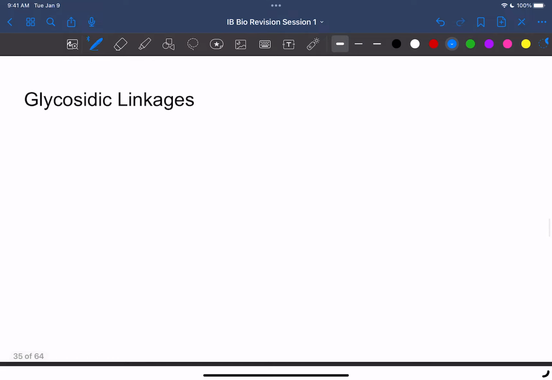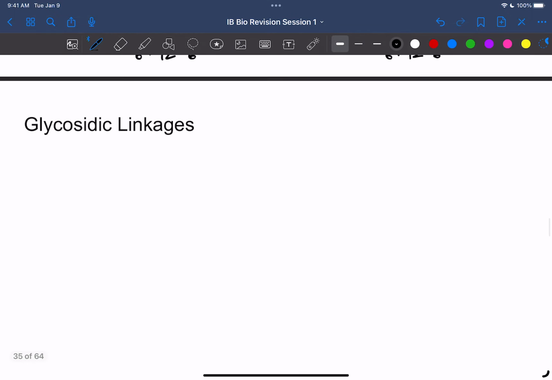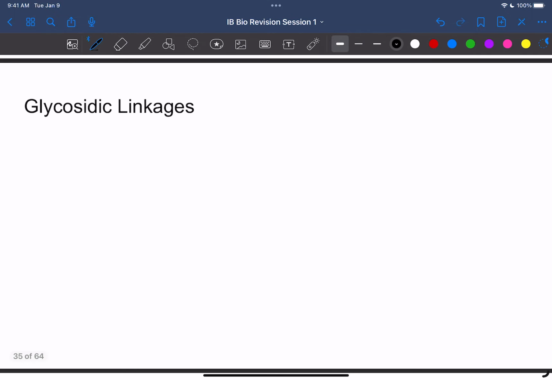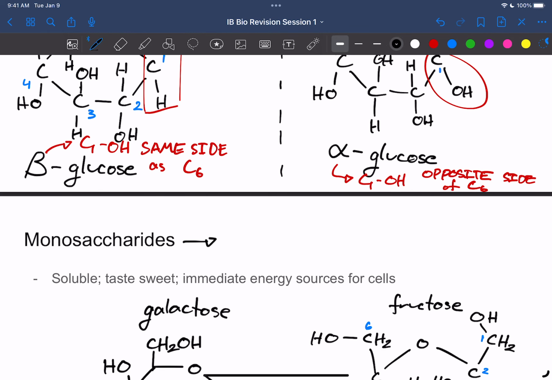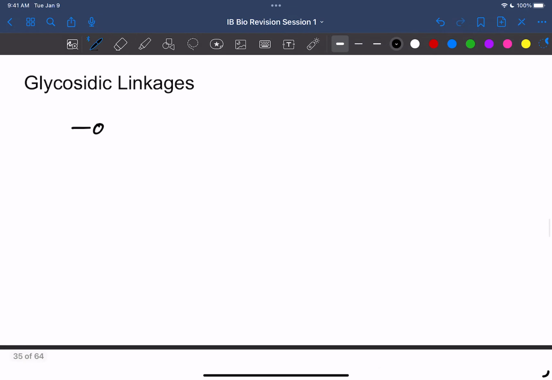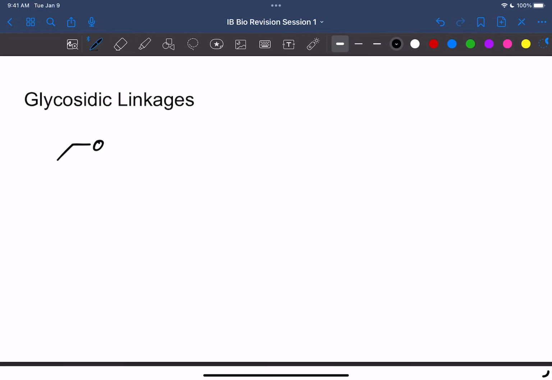Next, we're going to talk about glycosidic linkages. I briefly mentioned them in 2.1, but here's where we start using them a little more. So let's draw a simple sugar like glucose. Another name of these, by the way, is simple sugar. So if we draw 2 simple sugars here, let's do glucose. This is alpha glucose.